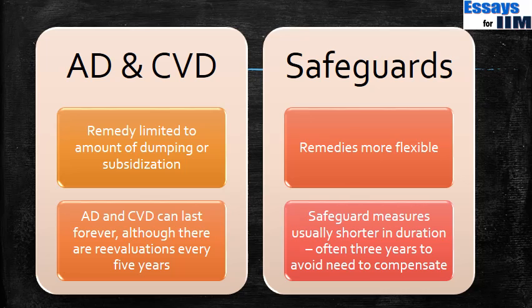If it does last for a very long time, that would mean that some underlying basics of the trade have changed, and you need to adapt to those. You cannot take recourse to safeguard measures and say that we can't help it, their imports are high, we need these measures. These are only for short episodic kinds of shocks, basically.